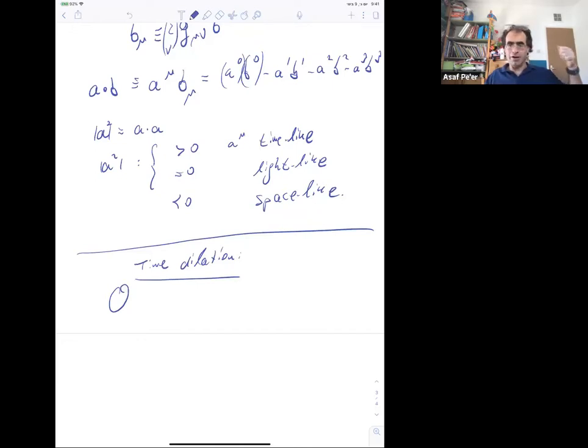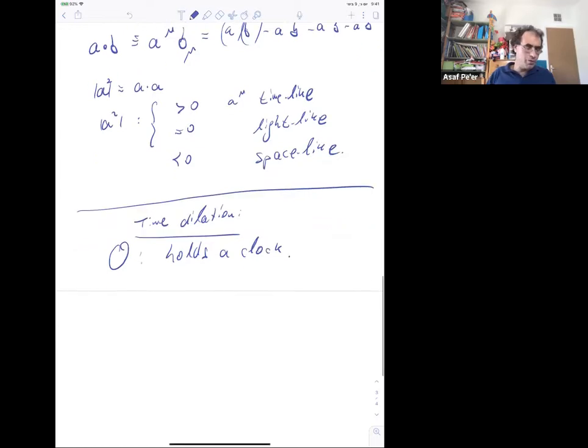So if I'm holding a clock, then the clock ticks, and the separation between the ticks is delta x.